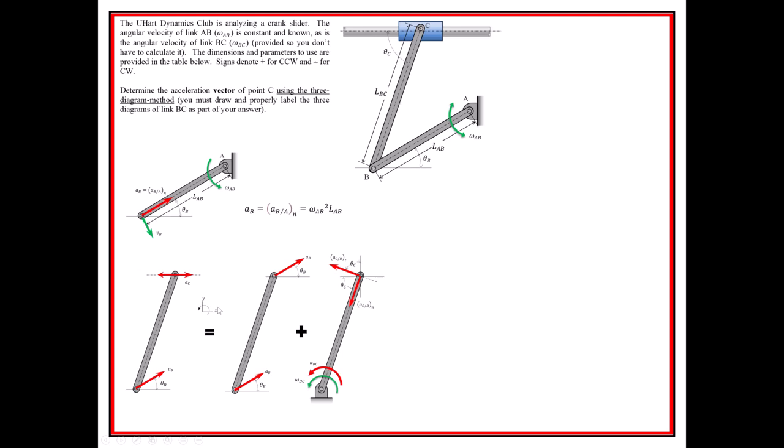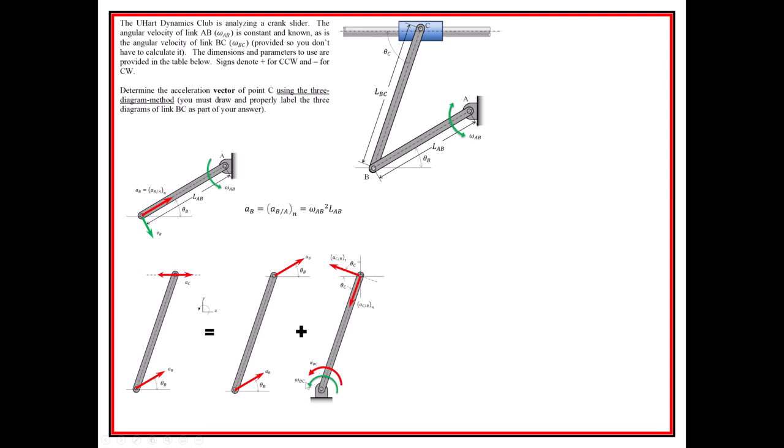And then here's the 3-diagram method for this link BC. Here's that acceleration at B that we just found. We place it onto both spots, and then we pin it to where it is right here. And then I made an assumption that the angular acceleration is going to be counterclockwise.